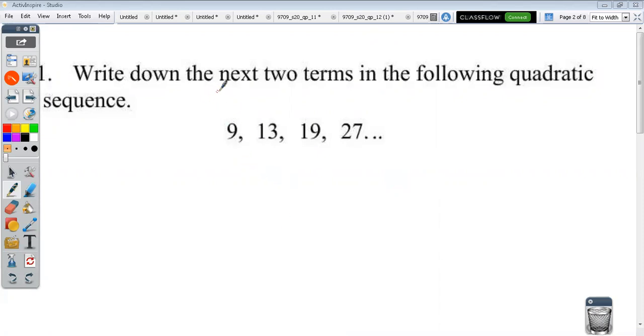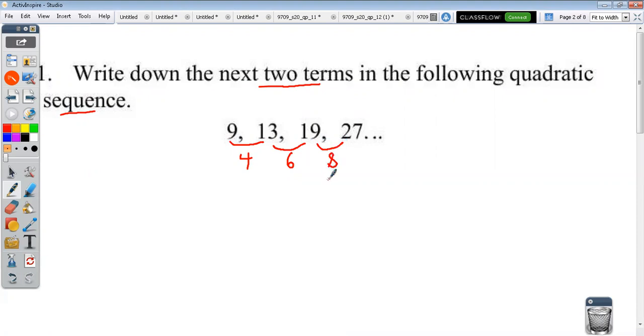Now, how do you find the next two terms of a quadratic? Let's see what's happening. What's the difference here? Use the calculator if you're not good at that. 4. What's the difference here? 6. What's the difference here? 8.